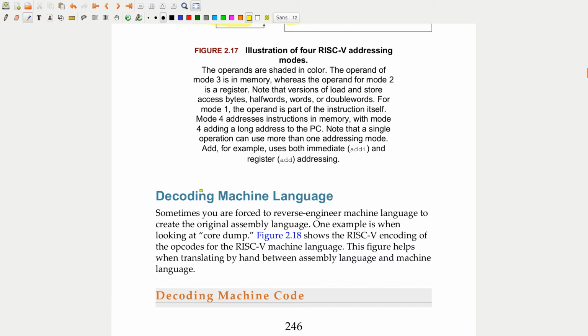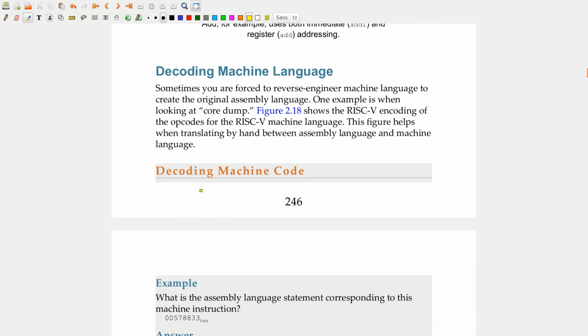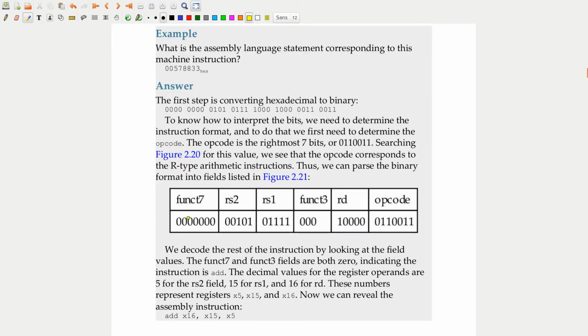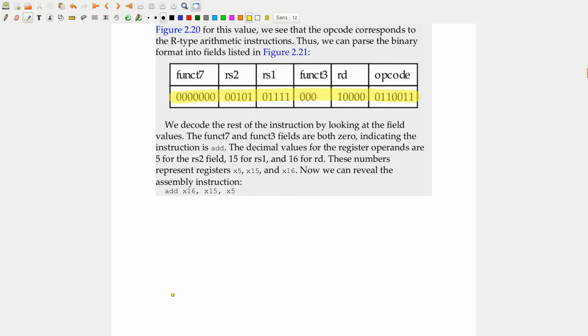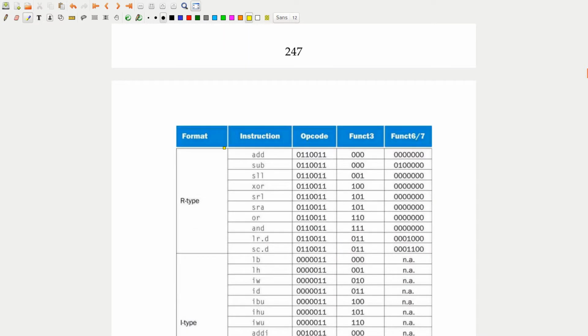So, decoding machine language. There are plenty of tables out there, and this is all published. We can take just this binary string and find out that it corresponds to, say, add x16, x15, x5. We can kind of reverse engineer this just by looking at some tables. That's not that interesting.